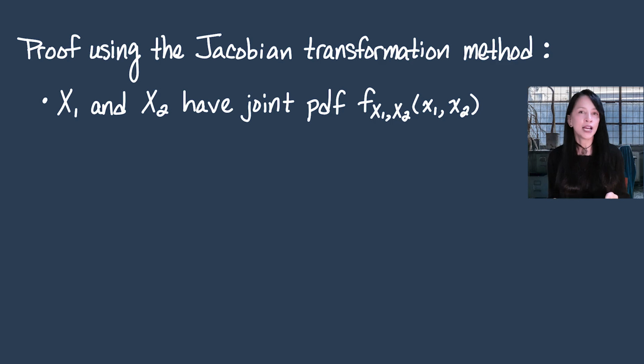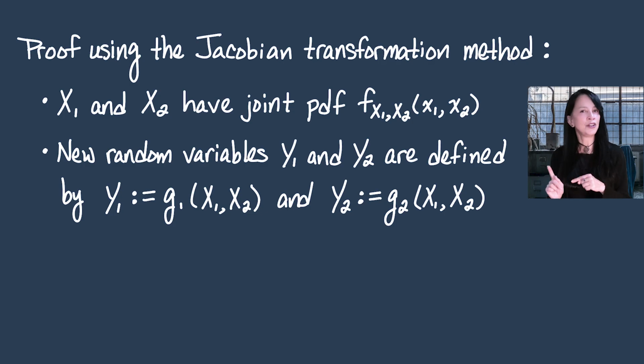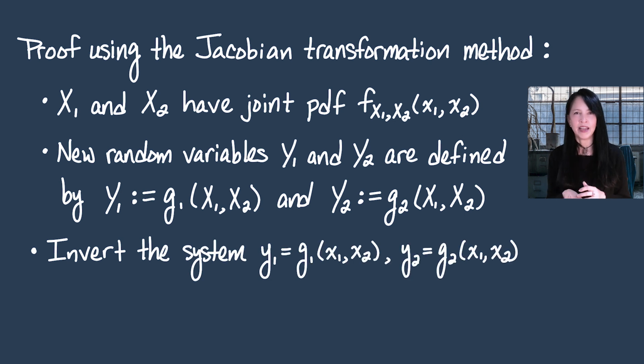and if you've defined two random variables, capital Y1 and capital Y2, by using a G1 of X1, X2 and a G2 of X1, X2, what you need to do is invert this system. Just to talk about it algebraically and forget the randomness, I'm going to write lowercase little y1 equals g1 of little x1, little x2, similar for little y2.